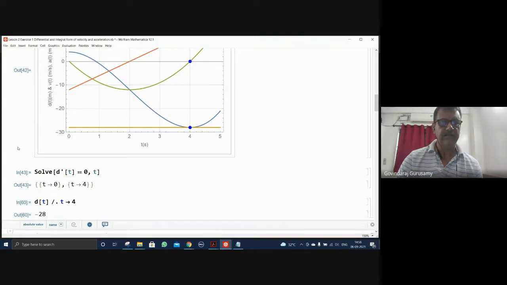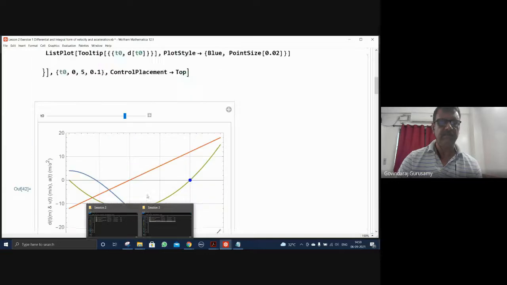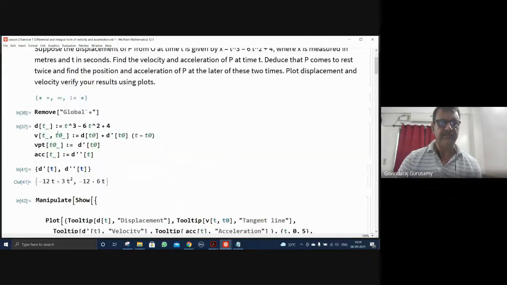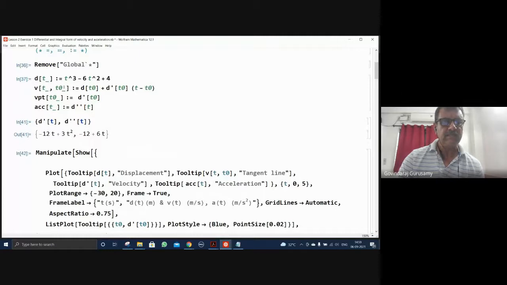The magnitude of displacement at which the velocity goes to 0 is minus 28. I'm able to look at that point. So now we have all the information required for the dynamics to describe when the displacement is behaving like t cube minus 6t square plus 4. So what I expect, where will you have a problem is, what does this mean?